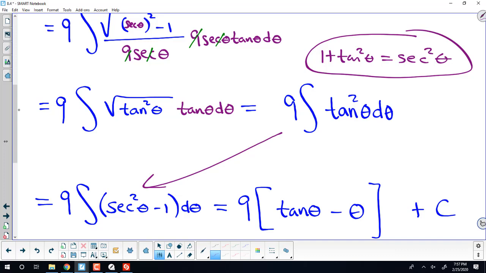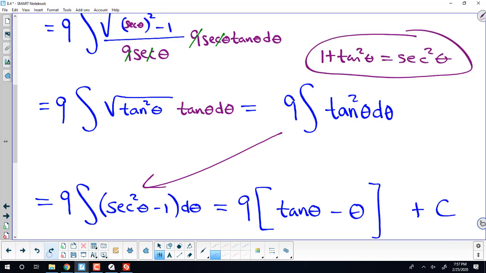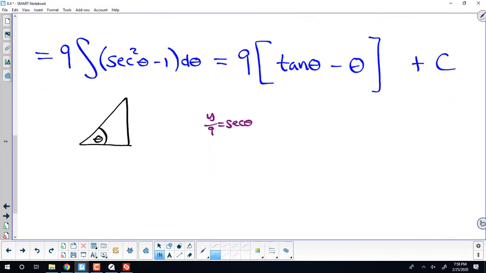So we just solved for tangent squared and wrote it as secant squared, because we can take the antiderivative of that easily. Are there any other questions?